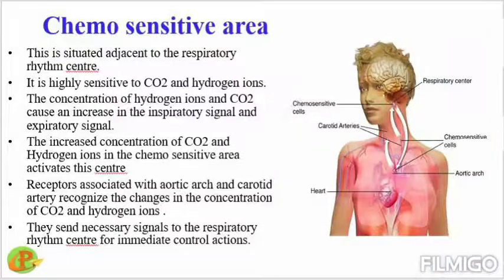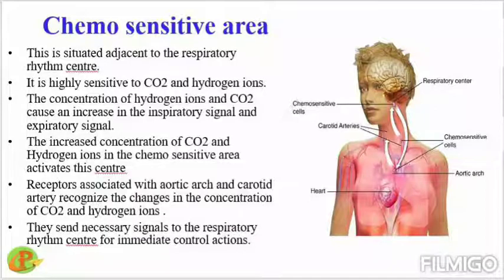Students, just remember the aortic arch is present just near our heart where the aorta originates. Carotid arteries carry the oxygenated blood from the heart to the upper part of our body, to the brain. So these 2 parts have the chemosensitive receptors.